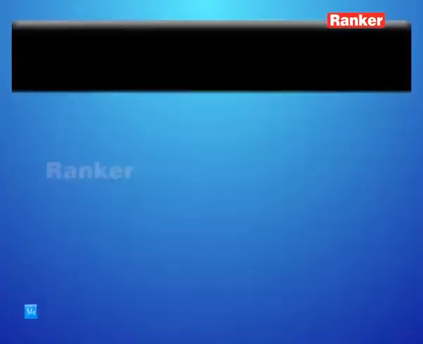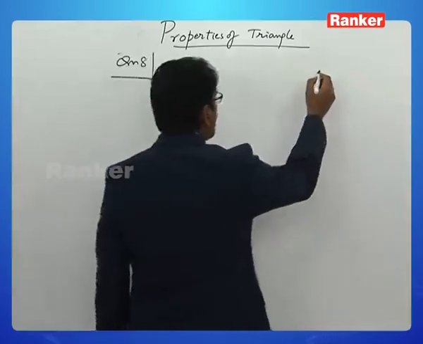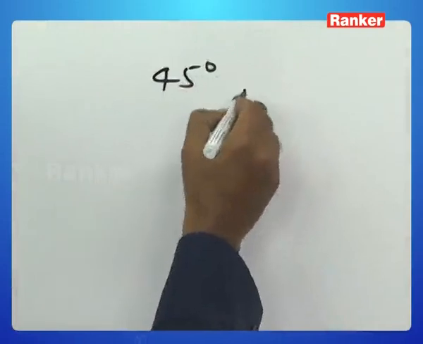Let's move to the next question. If two of the angles of a triangle ABC are 45 degrees and 60 degrees, then the ratio of the smallest and the greatest sides are: root 3 minus 1 is to 1, second option root 3 is to root 2, third option 1 is to root 3, fourth option root 3 is to 1. The angles are, two of the angles are 45 and 60.